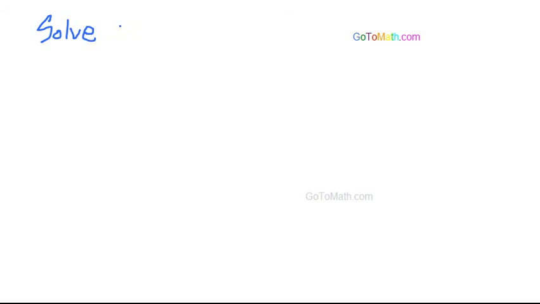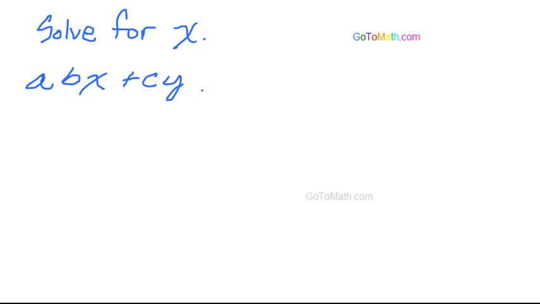Solve for x. That's what we're doing. a times b, of course, we don't do times, right? We just say ab. We're all grown up now. Plus cy is equal to d. That's a times b times x plus c times y. Solve for x.